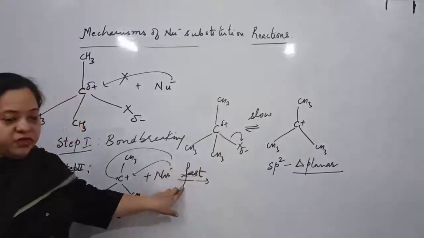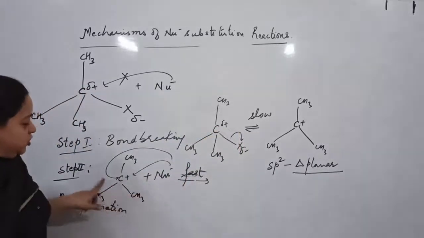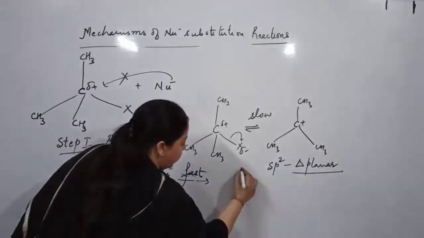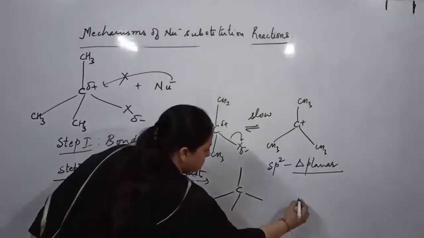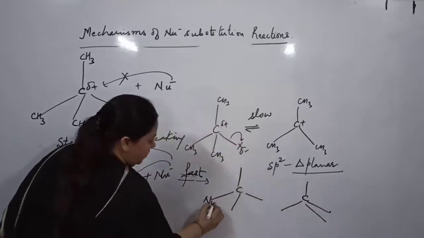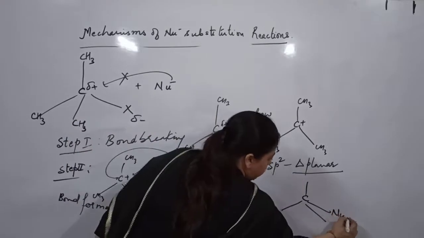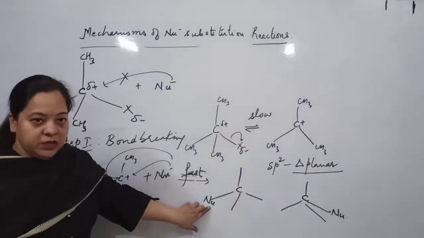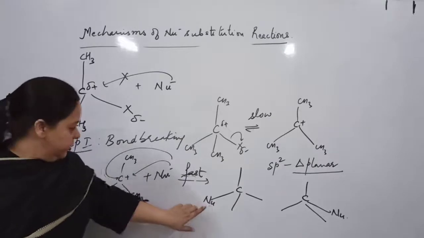The step 2 is a fast step which does not affect the rate of the reaction, and the nucleophile with 50% probability occupies the same position and with 50% probability occupies the mirror image position.